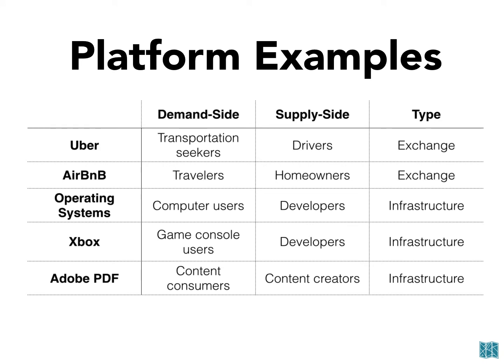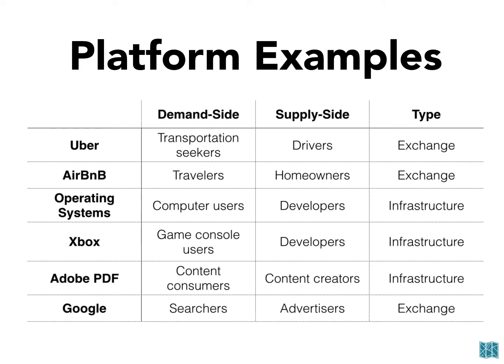As well as an interesting one around standards themselves. If you think of the PDF, portable document format, standard, which is nearly ubiquitous across the web today, it started out in a very similar way, with a demand side of people who wanted to consume high quality content and people who wanted to create content that allowed them to distribute it easily and have wide access to a user base.